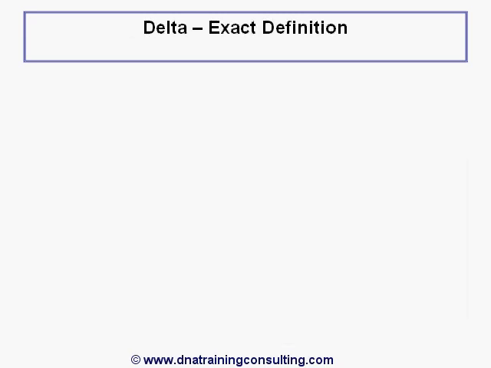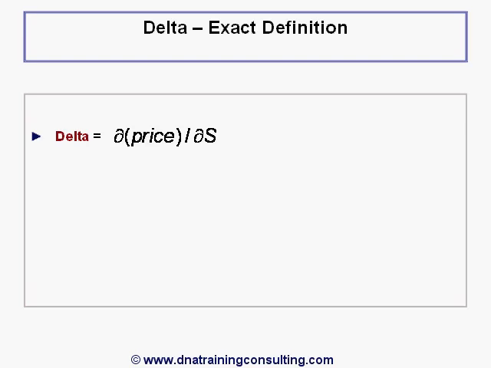The exact mathematical definition of an option's delta is given by this formula here, which means the ratio of the change in the option's price or premium as the spot increases by a very, very small amount, much smaller even than 1 cent.